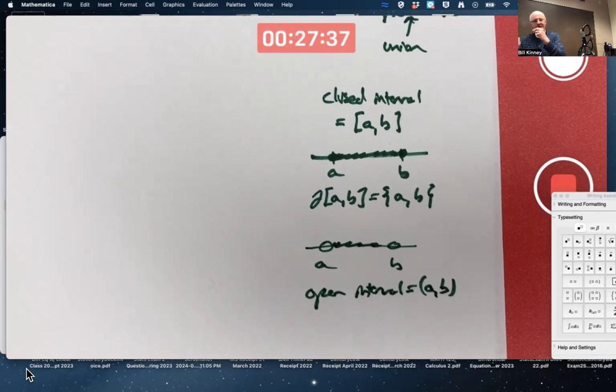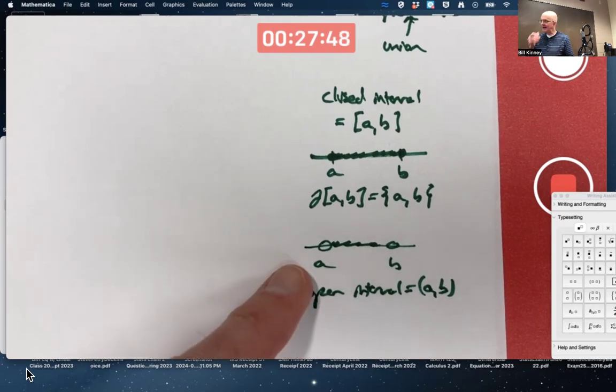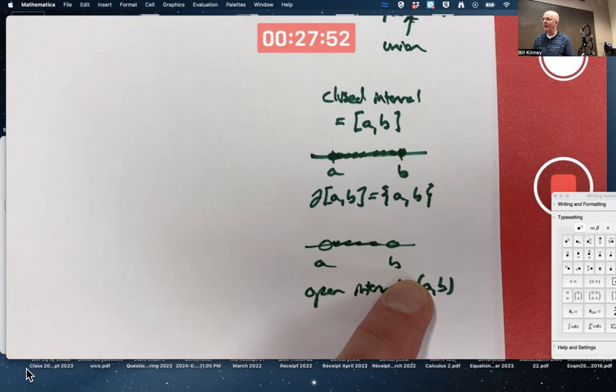And open intervals are a little funny if you think about it. That interval there doesn't have a highest point or a lowest point in it. A is not the lowest point because it's not in the interval. B is not the highest point because it's not in the interval. These subtle points I'm making are really important.